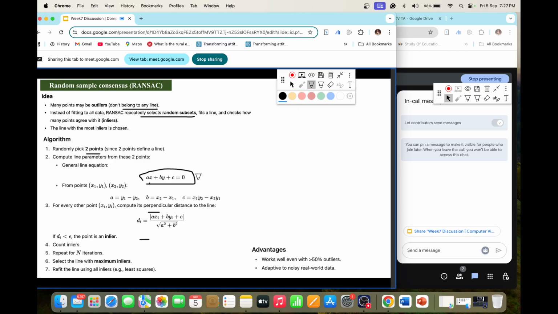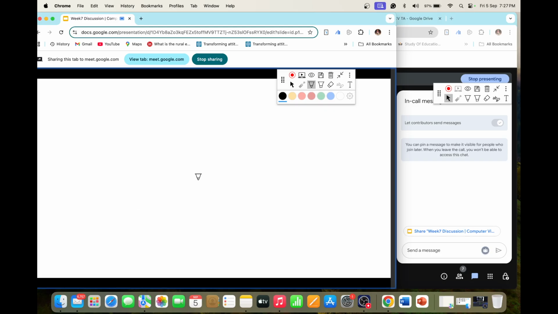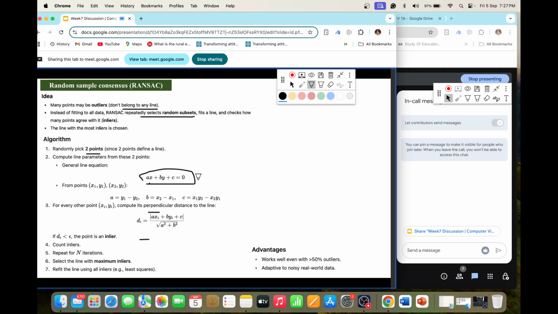Otherwise, if the distance is greater than the threshold, we call them outliers. And we only select the inlier points to fit with least square or total least square. By that we are expelling the outliers. So that is random sample consensus, popularly known as RANSAC.